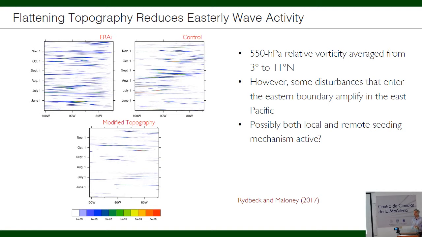And so this suggests that possibly both of those hypotheses that I pointed out before could have some merit: the Bight of Panama can be a local generator of easterly waves, but you can have disturbances propagating from further out that come into this region that do seed easterly wave formation. So it could be both, and that's what this experiment actually suggests.